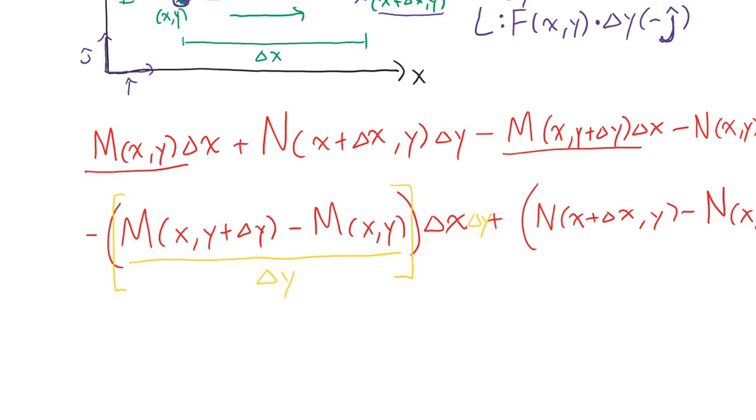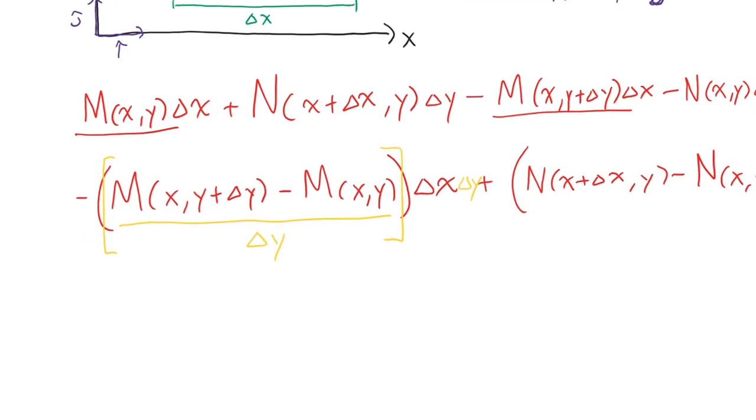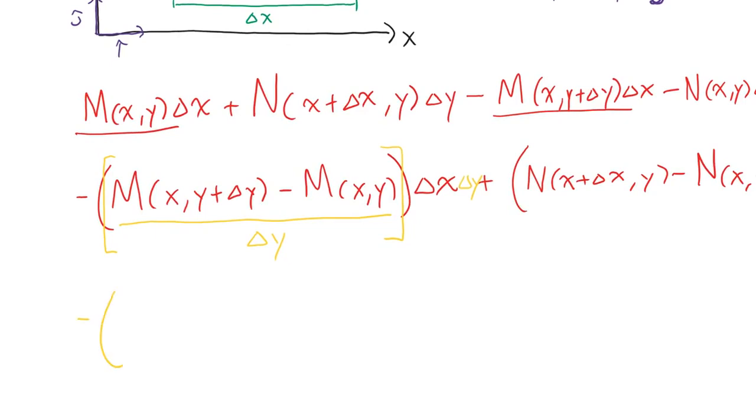Normally we'll just call that the slope, the change in y over the change in x, but in this case it's the change in m over the change in y. And what that is equal to is, well, that's approximately equal to partial m partial y.